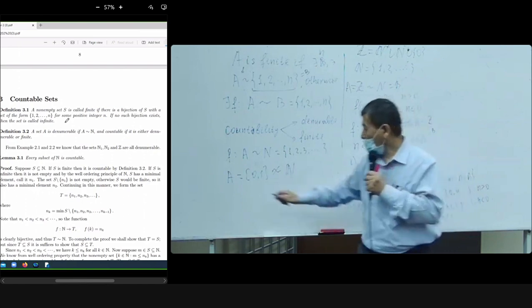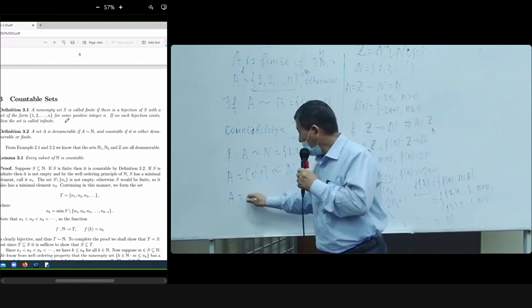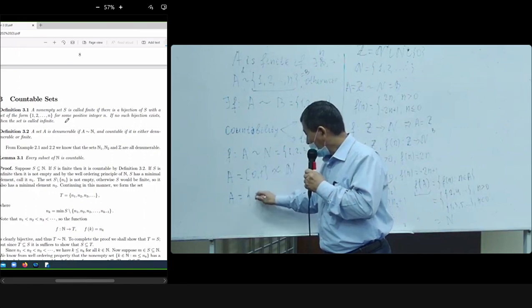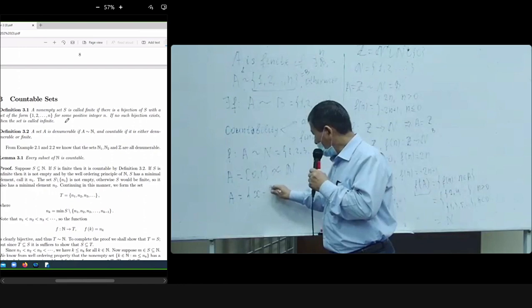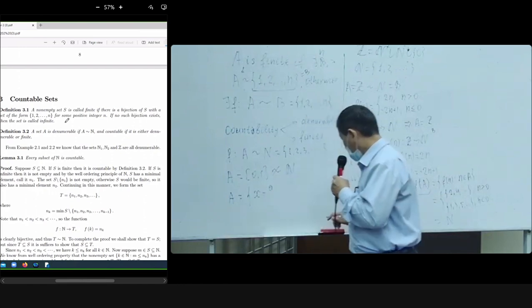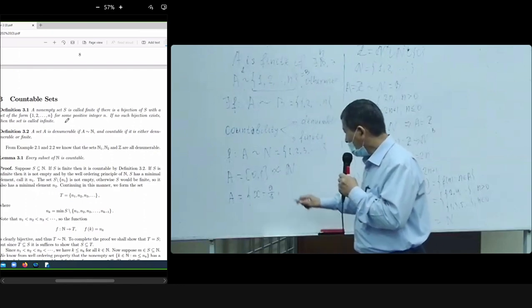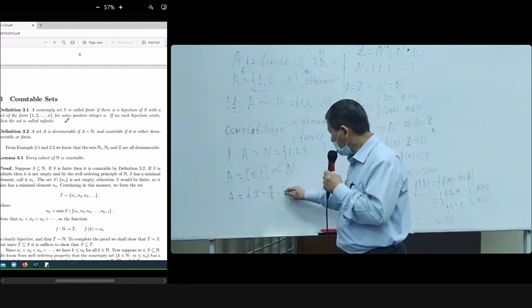But an interesting point: if I take A as the set of x equal to a over b, such that x belongs to [0, 1].